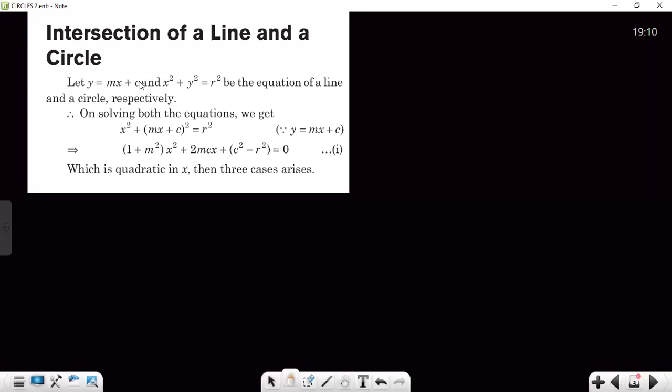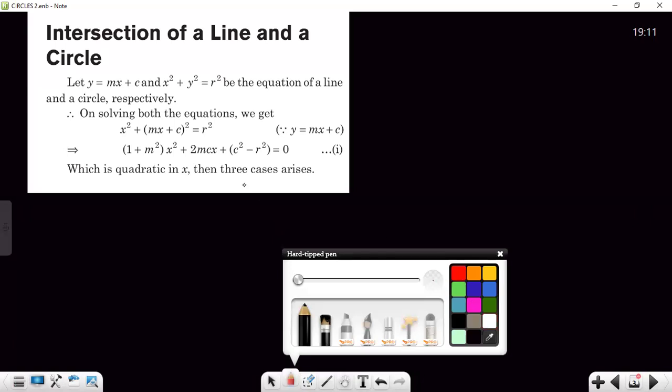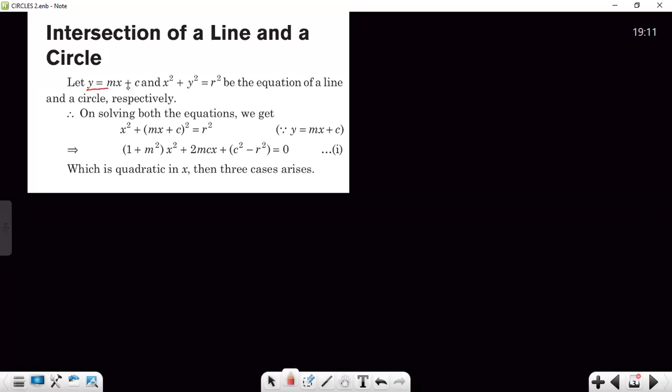And now let's talk about the intersection of a line and the circle. We discussed earlier that if the line is intersecting the circle at 2 points, then it's a chord or a secant. If the line is intersecting the circle at only 1 point, then the line is a tangent, and a tangent behaves in a certain manner. Okay, so this is the equation of the line, y is equal to mx plus c, and this is the equation of the circle.